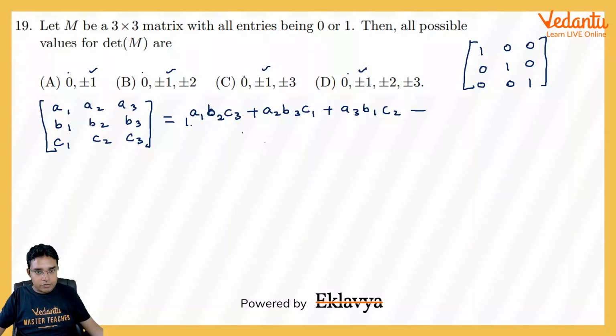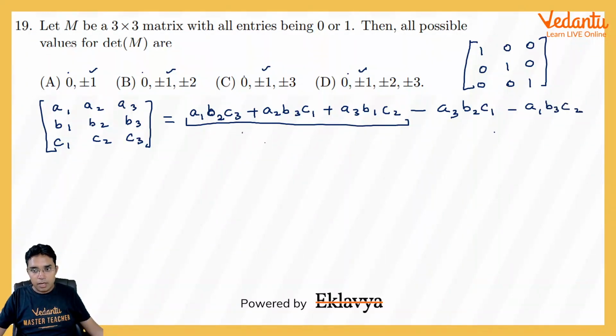These are 3 terms with plus sign. Then there will be 3 more terms with minus sign, and these will be along the other diagonal. You can say minus A3, B2, C1, then minus A1, B3, C2, and then minus what is remaining?